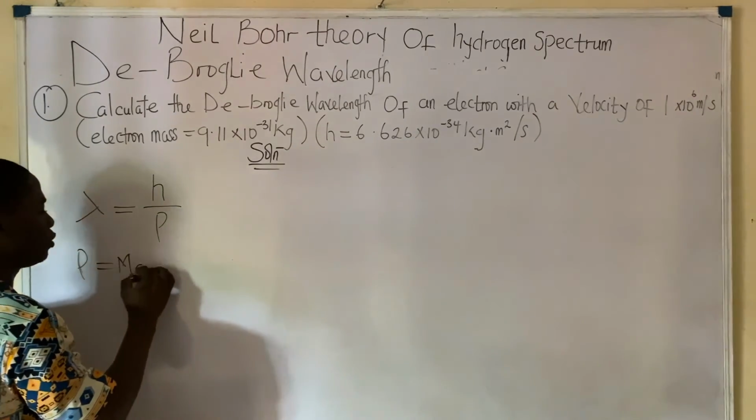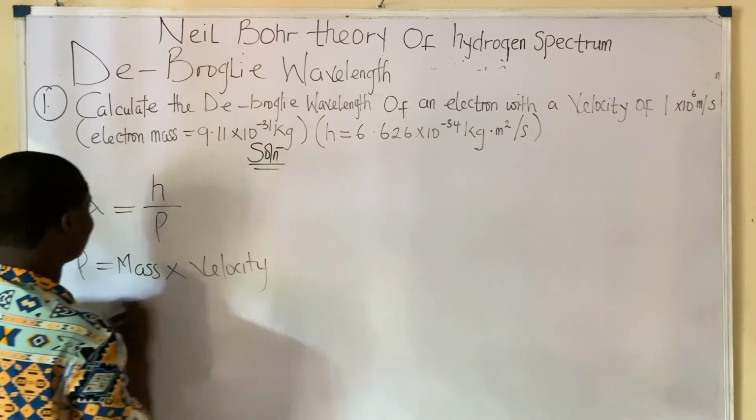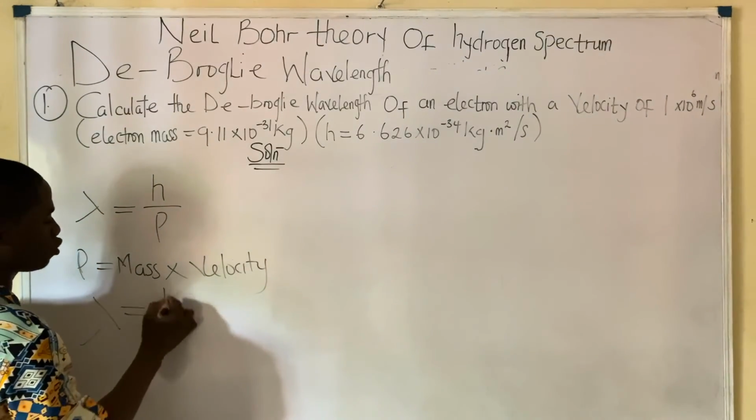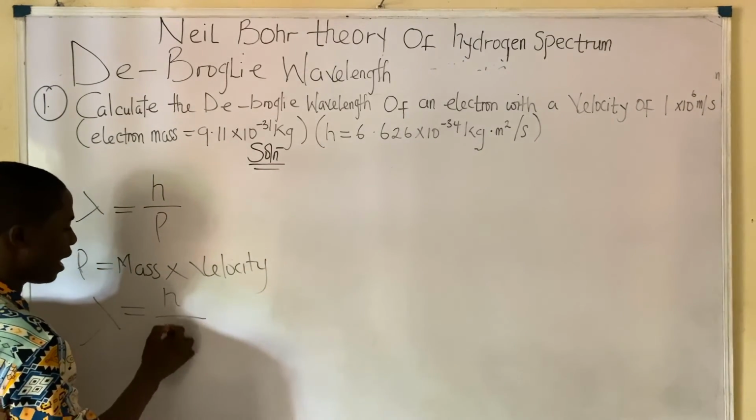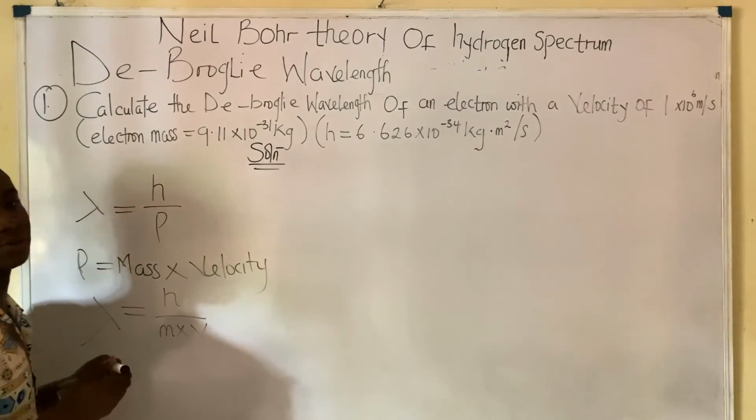Momentum is given by the formula mass times velocity. So de Broglie's wavelength is equal to h over m times v.